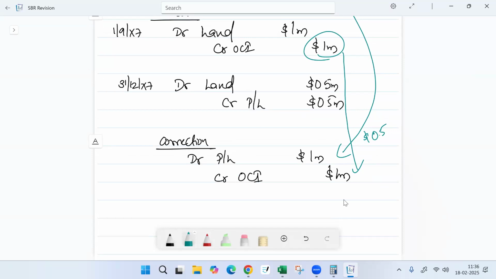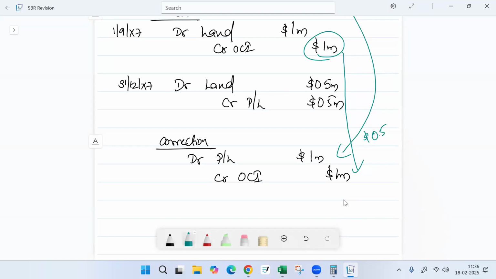Now, what should you write as an answer? Your answer should first and foremost state the standard. The standard says that where there is a transfer to investment property from IAS 16 to IAS 40, the fair value of the asset should be calculated at the date of the transfer. The difference between the carrying amount and the fair value should be treated to OCI.